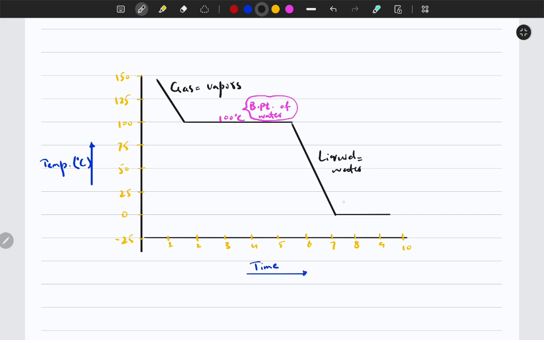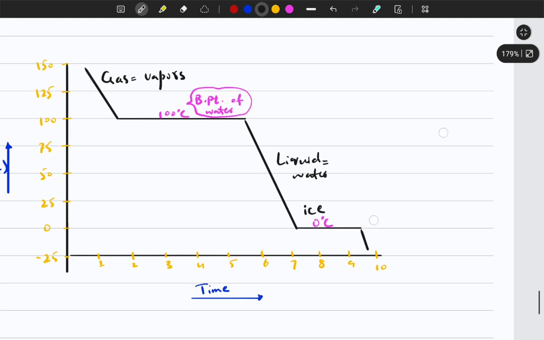Okay, so this is ice, at 0 degrees Celsius. The temperature will start dropping below 0 only when all the water has been changed to ice. All right, so what's going on here?